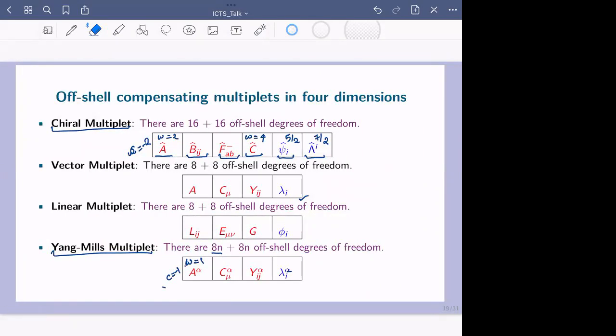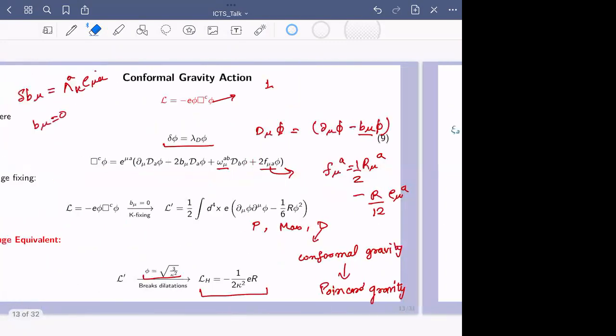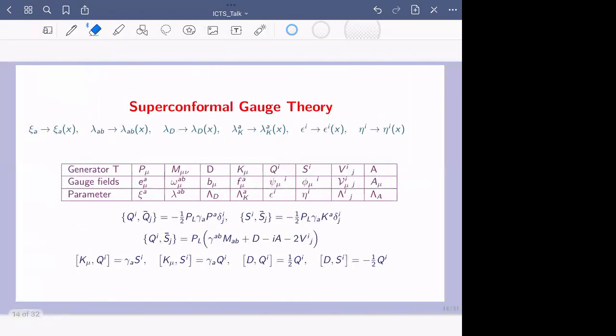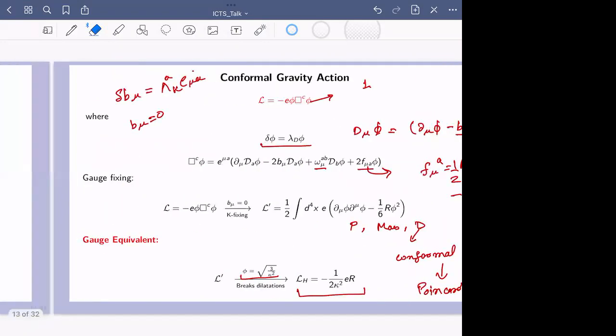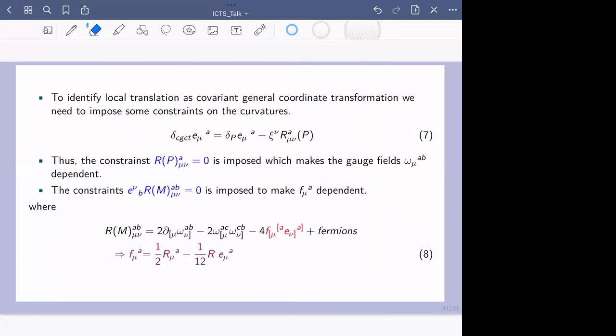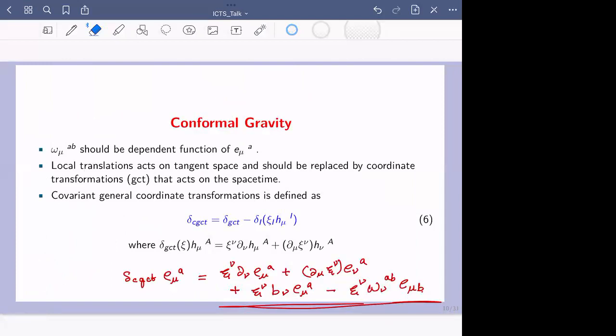No, what I'm asking is, since the CGCT depends on the A index, part of it is dependent on the mu index and part of it is dependent on the A index, right? Can you go to the CGCT expression? Yes, this one. But the definition here doesn't have any A index.